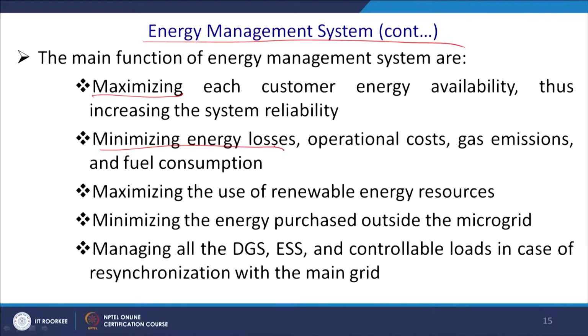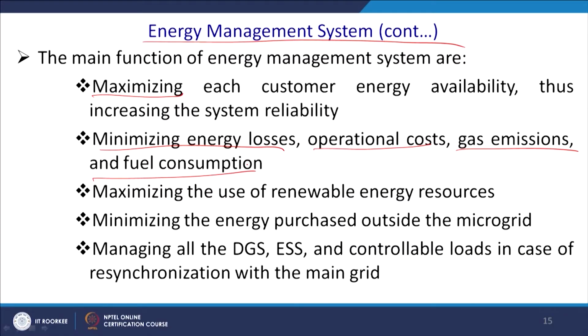Minimizing energy losses. So, we are required to efficiently manage our energy so that transmission and distribution losses are minimized. And there are many issues, not only electrical issues, there are also issues related to the commercial aspects, and those are also required to be minimized.